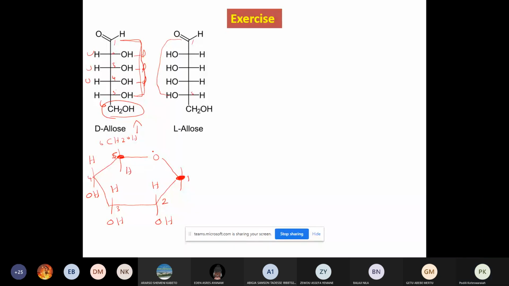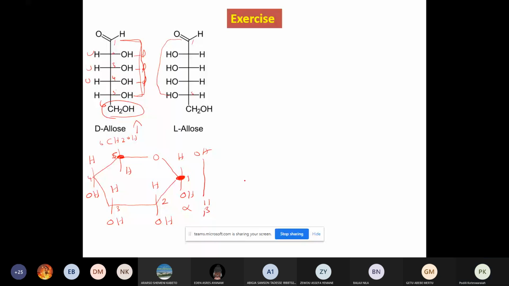And here during cyclization, another stereocenter is getting created. If the OH is down and H is up, this is the alpha-D-allose. And if, the other way around, the OH is up and the H is down, then it is the beta-D-allose. So this is the way we need to transform this.